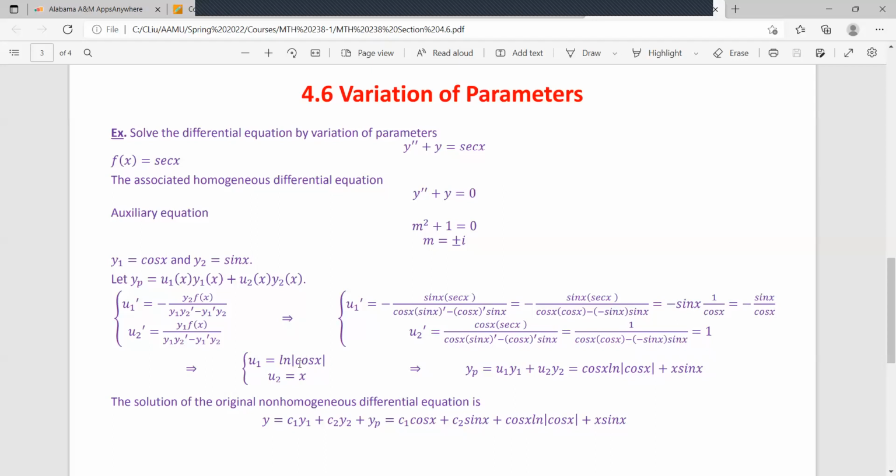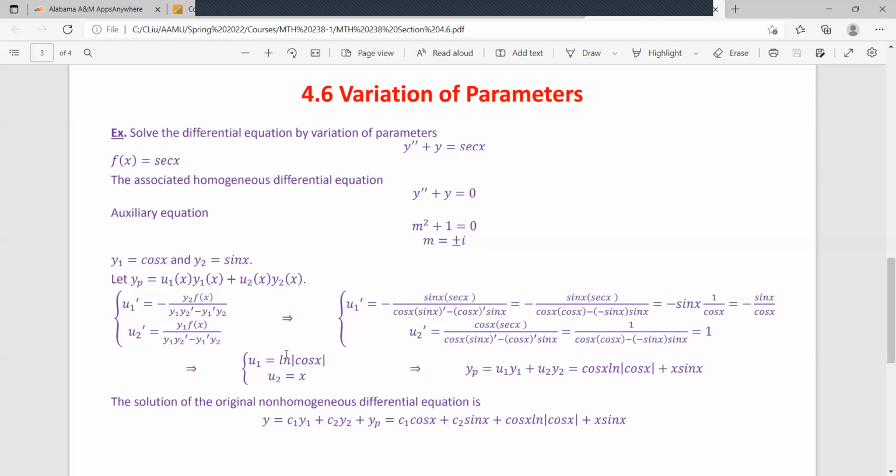Okay. So by the way, we don't have to worry about the arbitrary constant, C1 or C2, in each of those integrals, because we just need to find one of those solutions for u1 and u2.